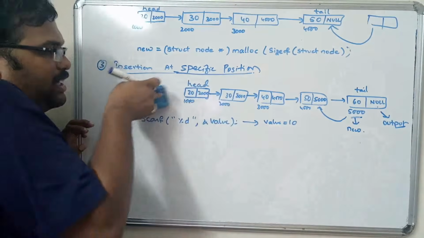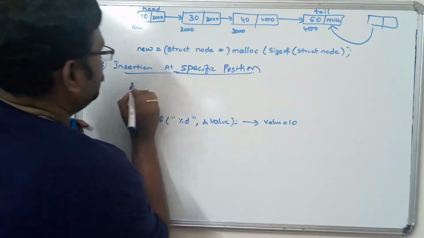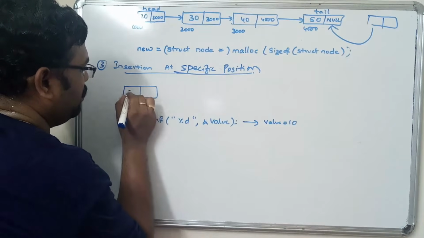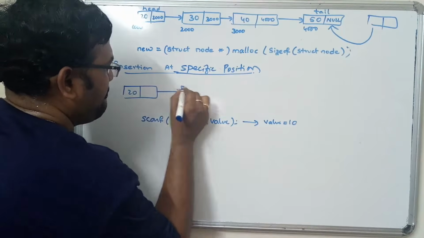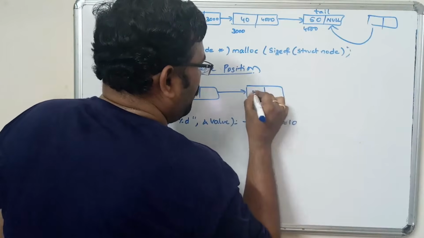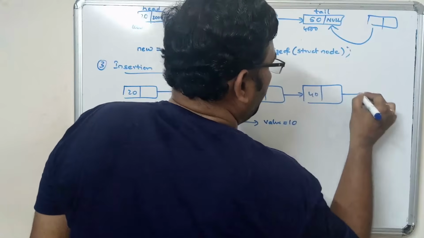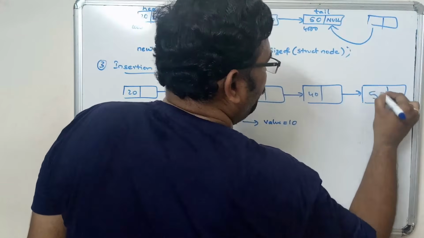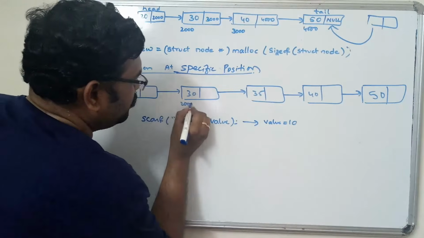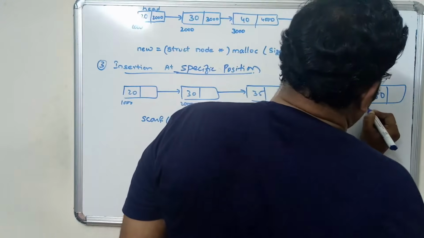Now, let us once again write it. Here 20, 30, 35, 40, 50. So here the addresses are 1000, 2000, 3000, 4000, 5000.